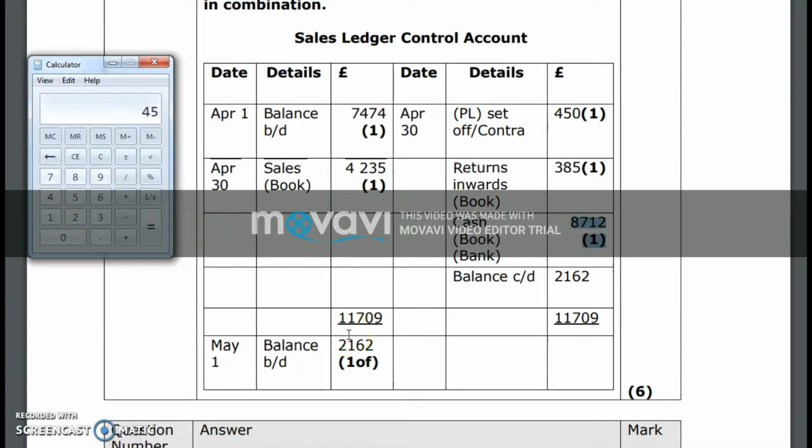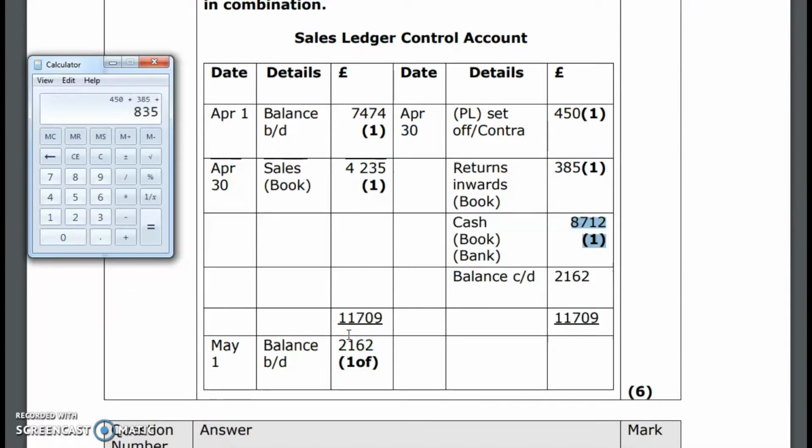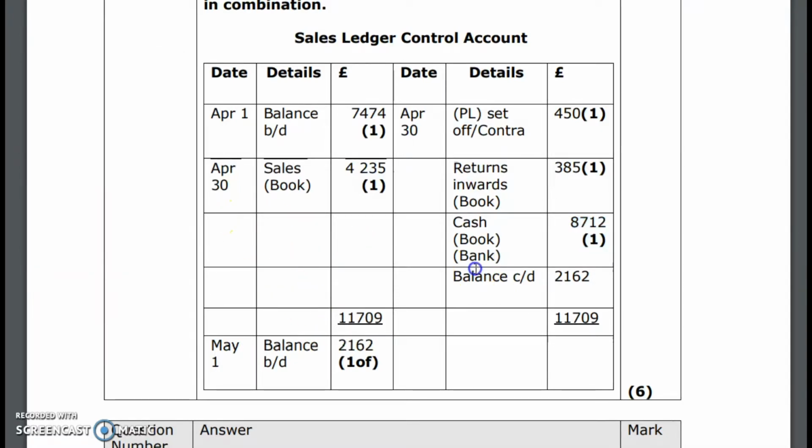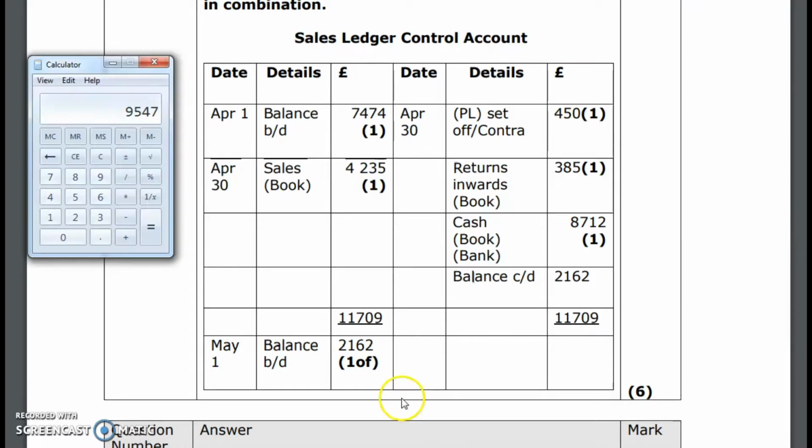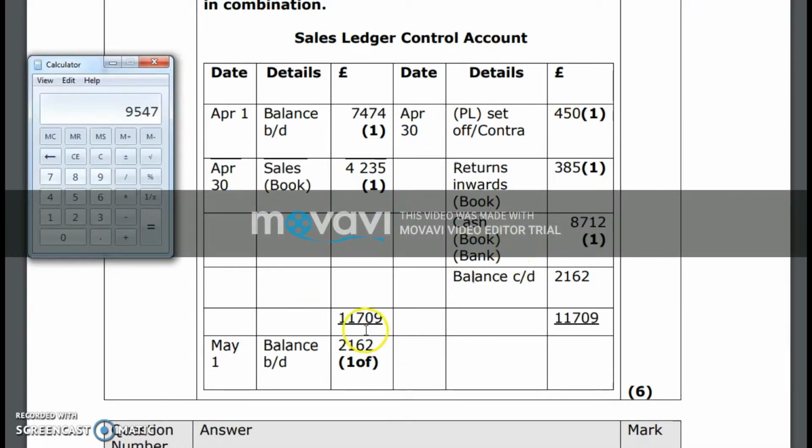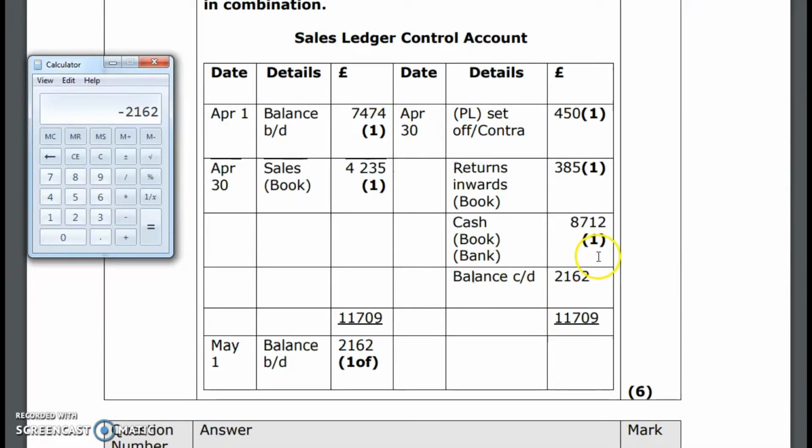The credit side, we get 450 plus 385 plus 8712, giving us 9547. Since the debit side is higher than the credit side, we put the debit side total to both the sides and then we get the difference. The difference will indicate the balance carried down, which is 2162, which comes to the lower side.